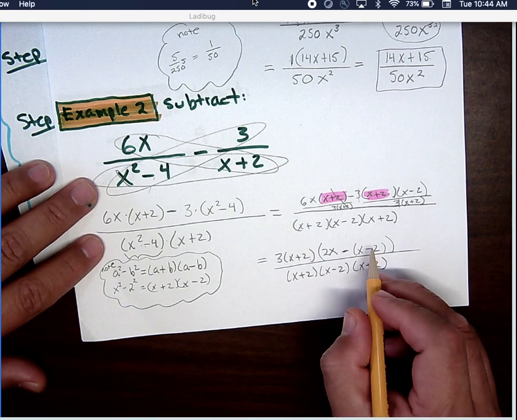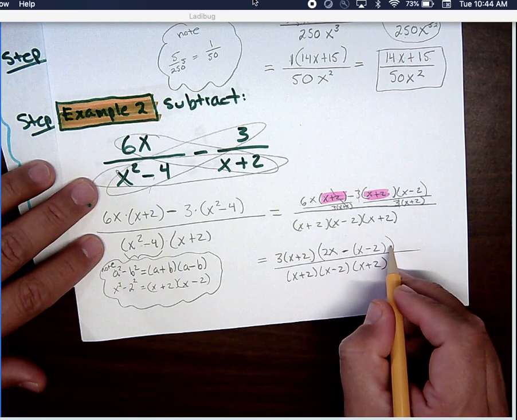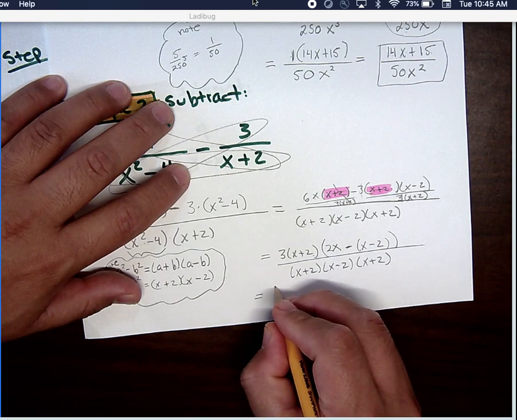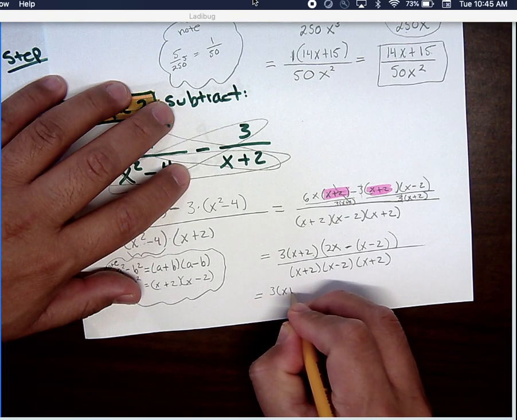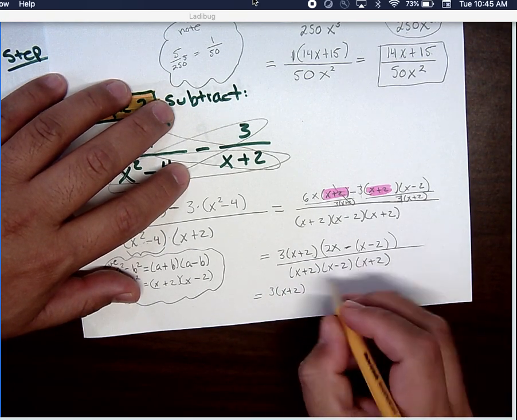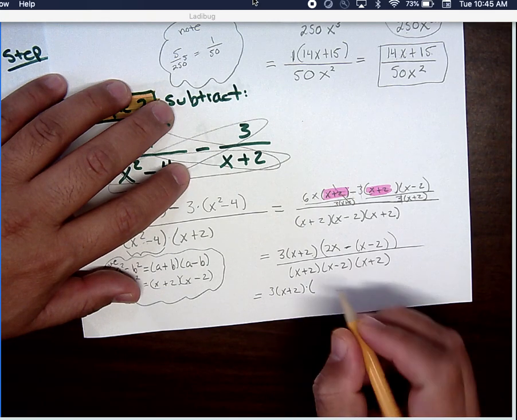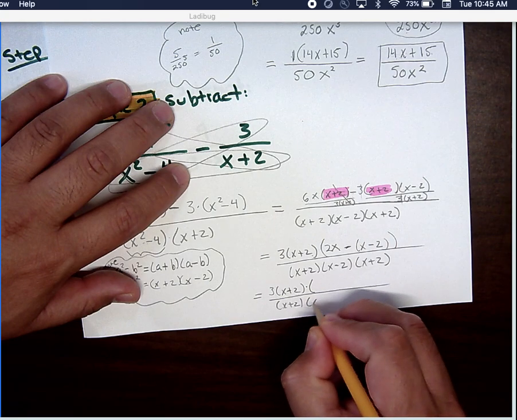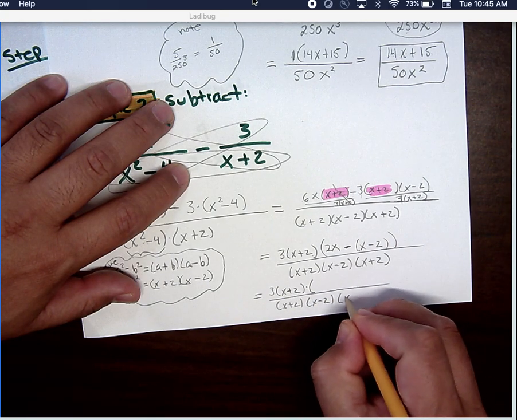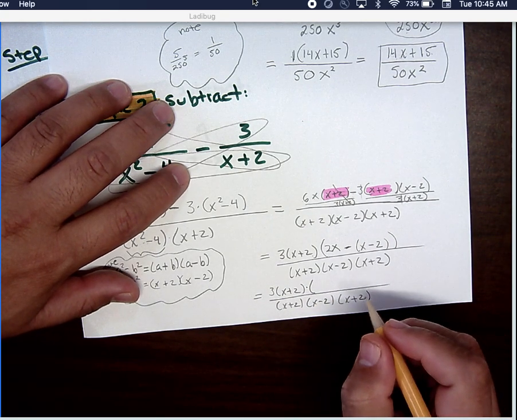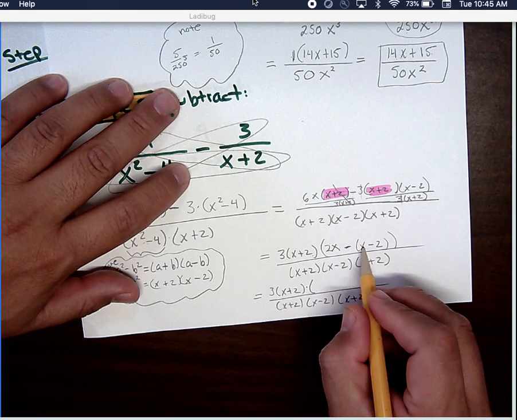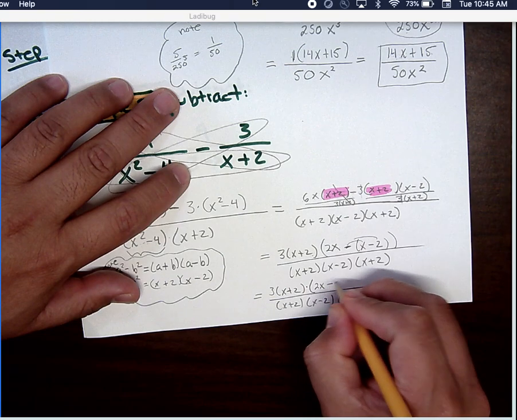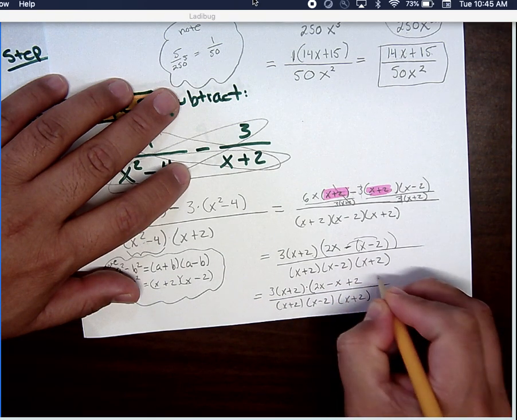So maybe we can combine this part now. Let me rewrite it: x plus 2 times, x plus 2, x minus 2, x plus 2. So this is going to become 2x, and then you distribute minus x plus 2.